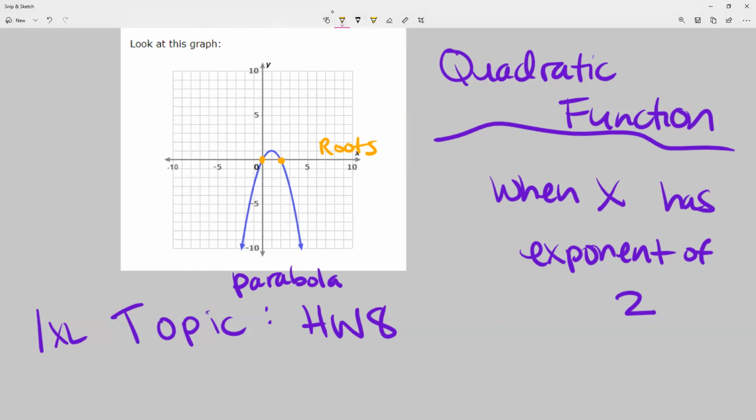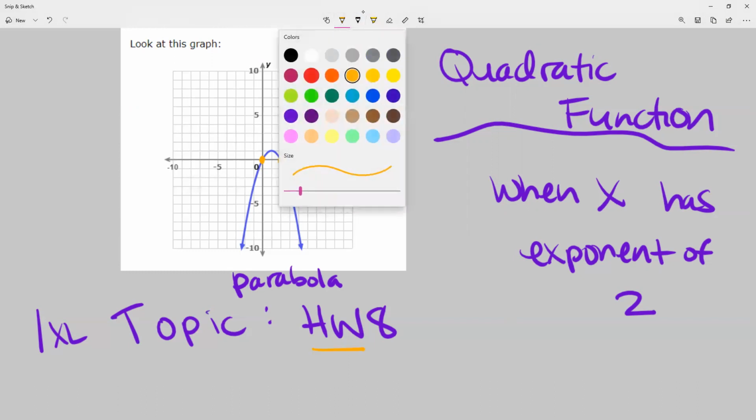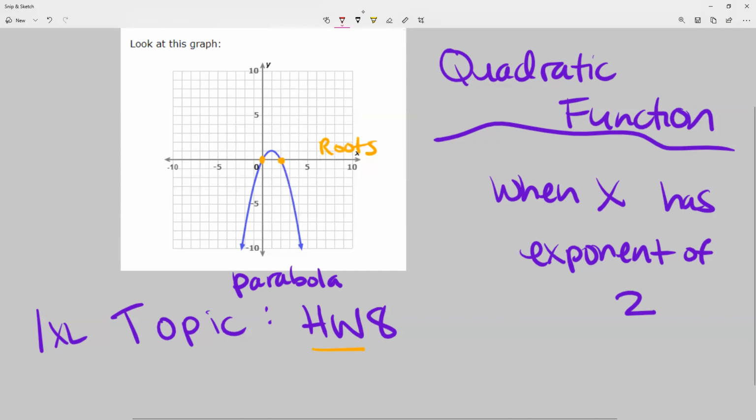There are a couple of things in this topic, though, HW8, that are going to want you to identify certain parts. So for example, because you have this bowl shape, you always have a minimum or a maximum point, one or the other. It depends on which way it's flipped. So this one has a max point right here.